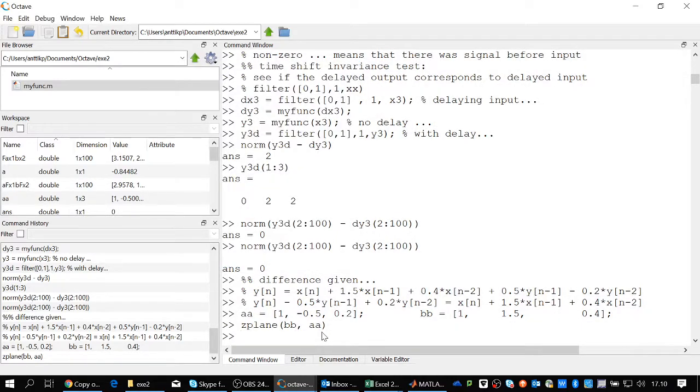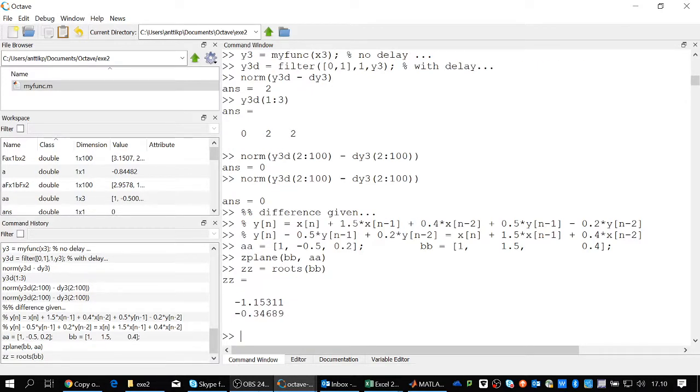Good. We can calculate these zeros separately by saying ZZ equals roots BB. So those are the coordinates for the zeros of the system, and poles are roots of AA.